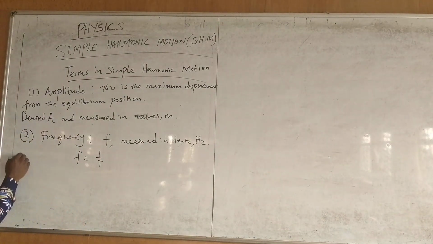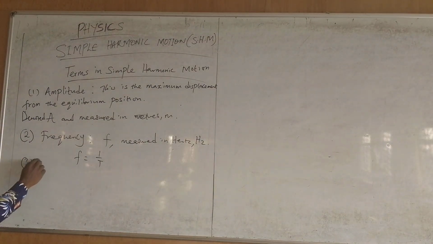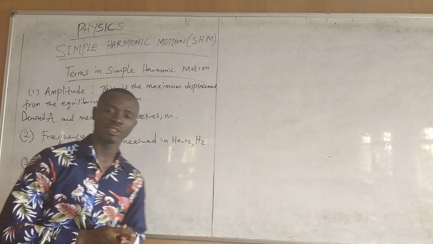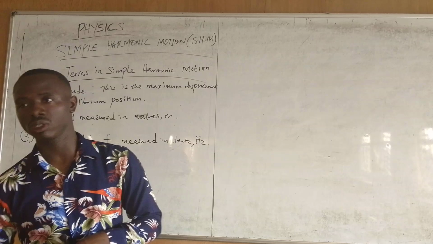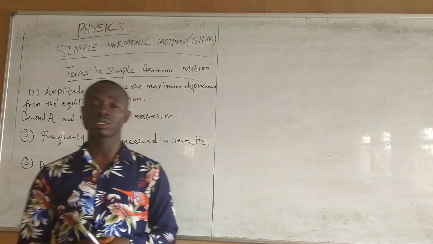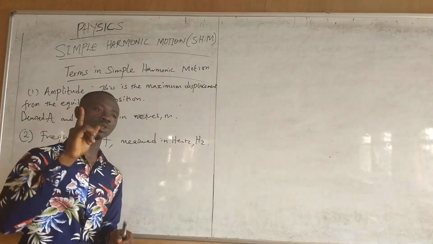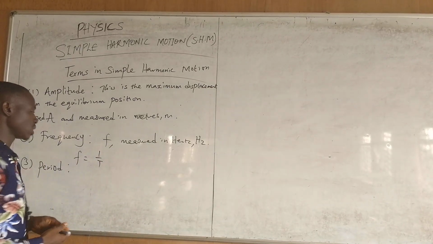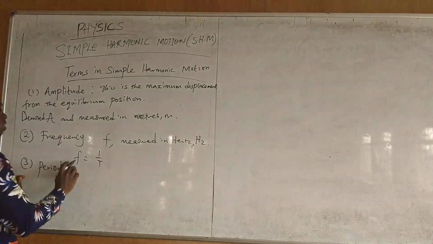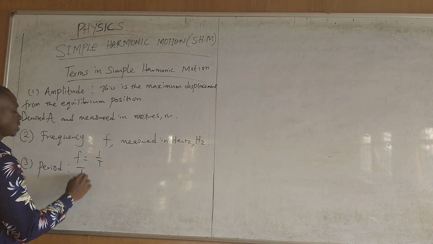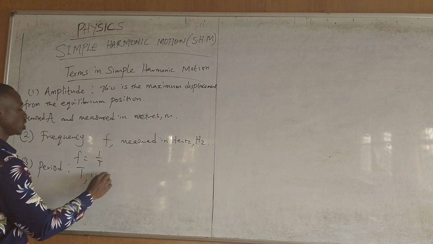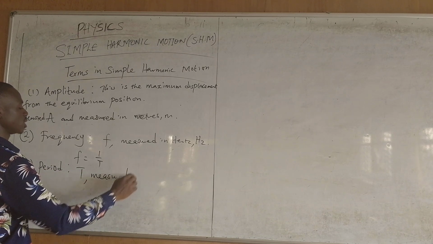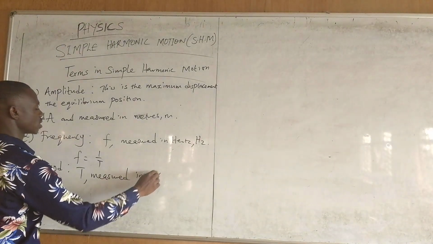Then number 3 term is period. What is period? Period can be defined as the time taken for a body undergoing simple harmonic motion to complete one oscillation. That's a to and fro motion. It is denoted by T. Period is measured in seconds.